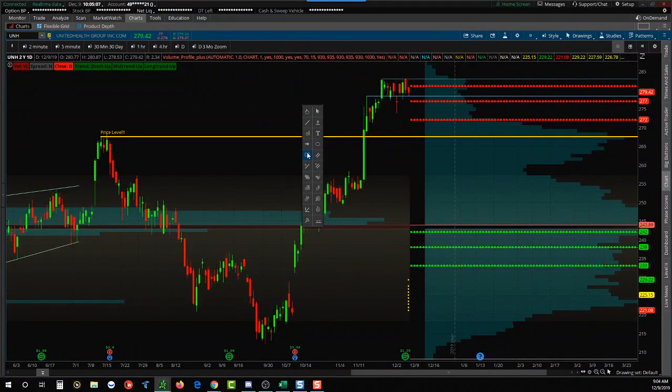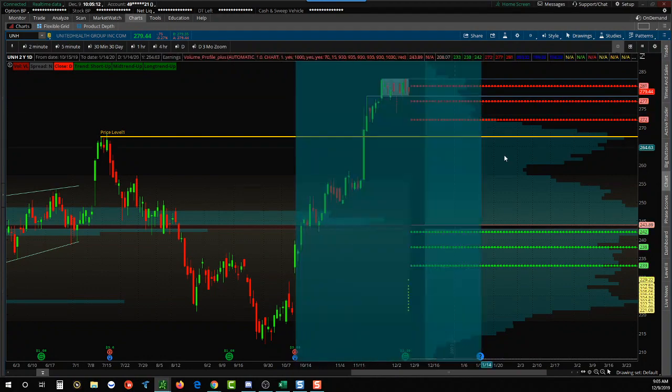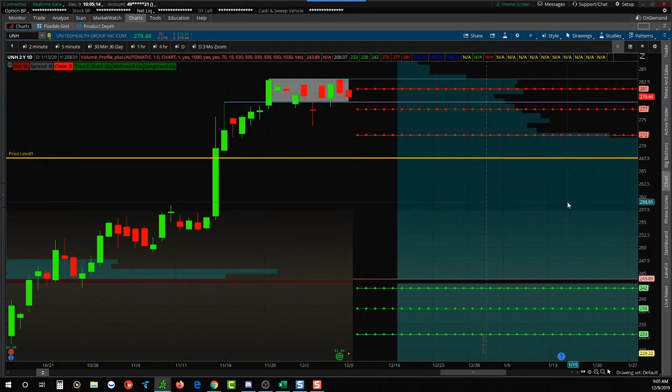We don't have it. So price in UNH came down today and tagged this pivot point. And then it's trying to consolidate.